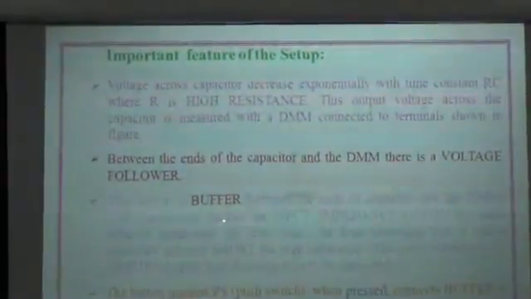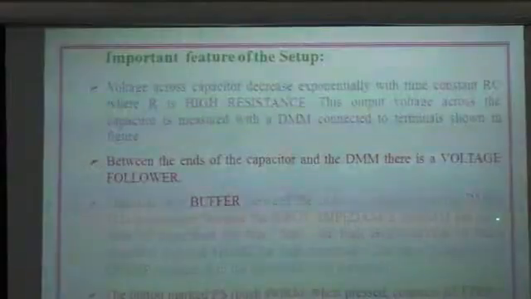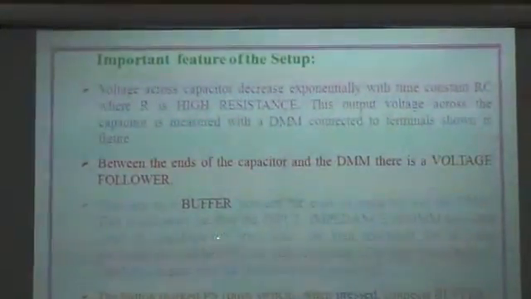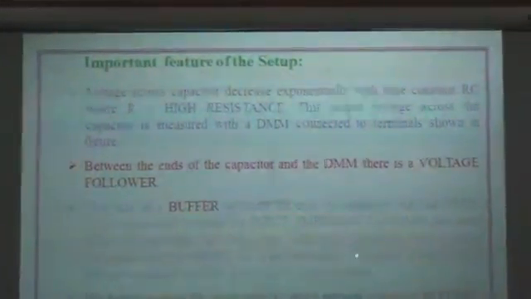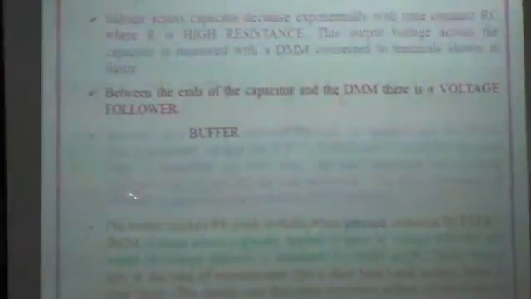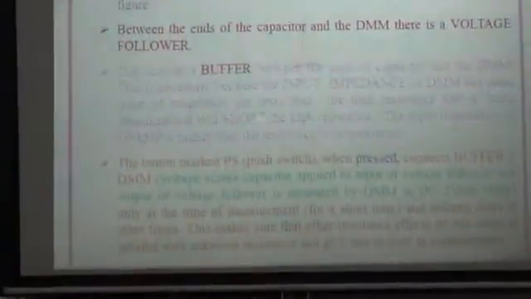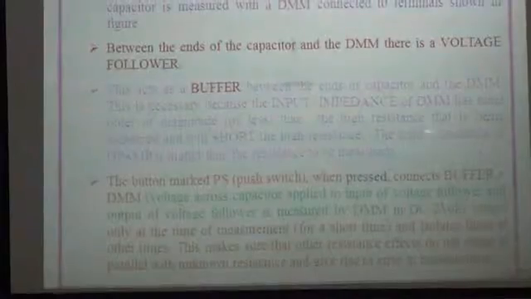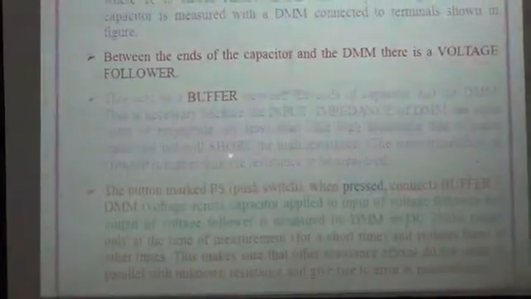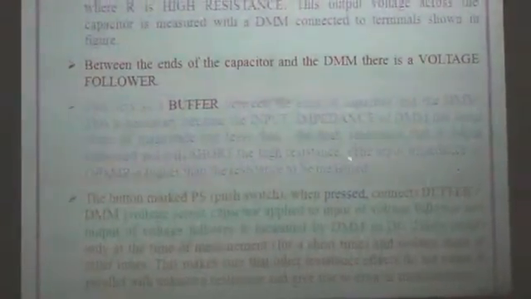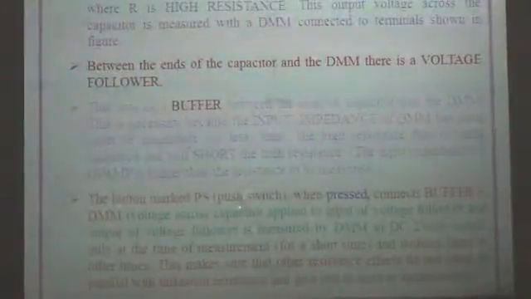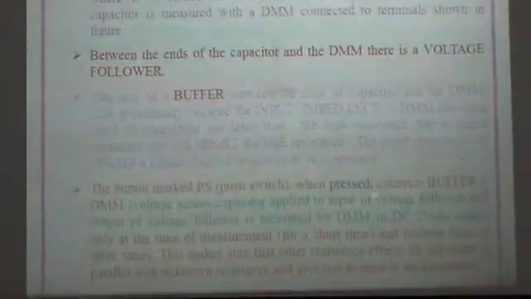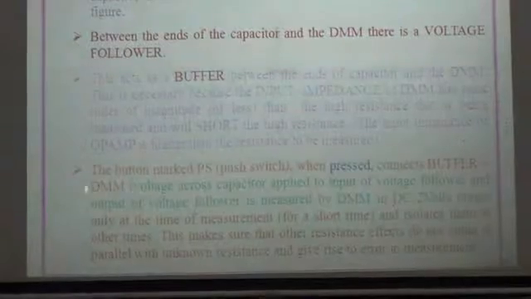This is necessary because the input impedance of the DMM has the same order of magnitude or even less than the high resistance that is being measured and will short the high resistance. Okay, the input impedance of the operational amplifier is higher than the resistance to be measured. The button switch PS, that is the push switch, when pressed connects the buffer plus DMM.